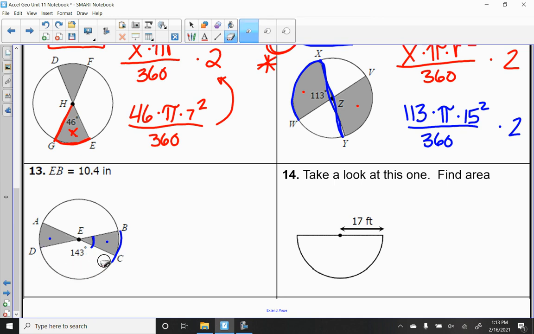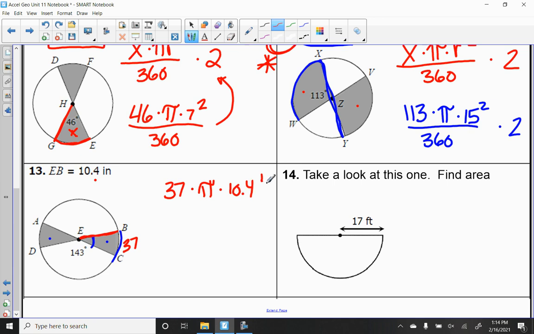That is what we need to find that blue arc measure. Now this is 37, and that will be our x in our formula. Our radius, EB, is 10.4. EB is a radius, so we do not have to cut that in half. We'll use it. There is your formula for one of our slices. Take that, times it by 2, and you'll have the area of both your slices.